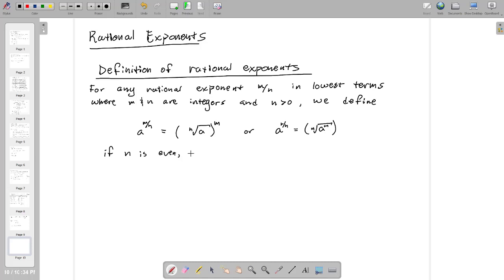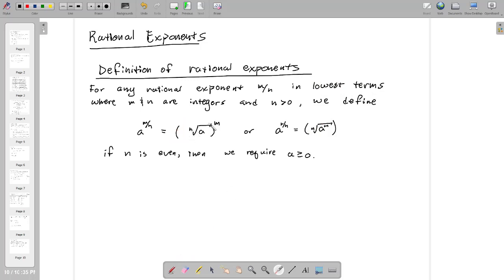If n is even, then we require that a is greater than or equal to 0. Now recall that when we have a rational number, m over n, that automatically implies that m and n are integers. But we also want m over n to be in lowest terms. That's not the most important thing, but being in lowest terms is helpful.